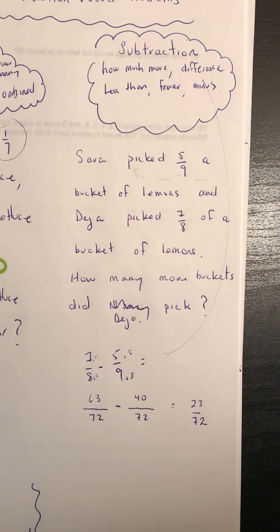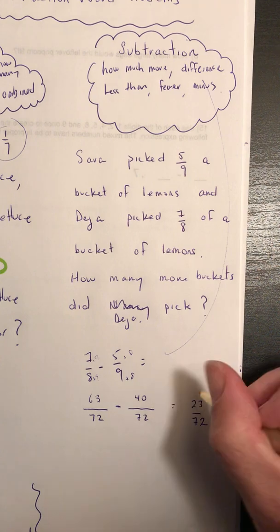You got 10 seconds. And we can't simplify that anymore, so we got 63 over 72 minus 40 over 72 gives us 23/72, okay? So here's our answer.